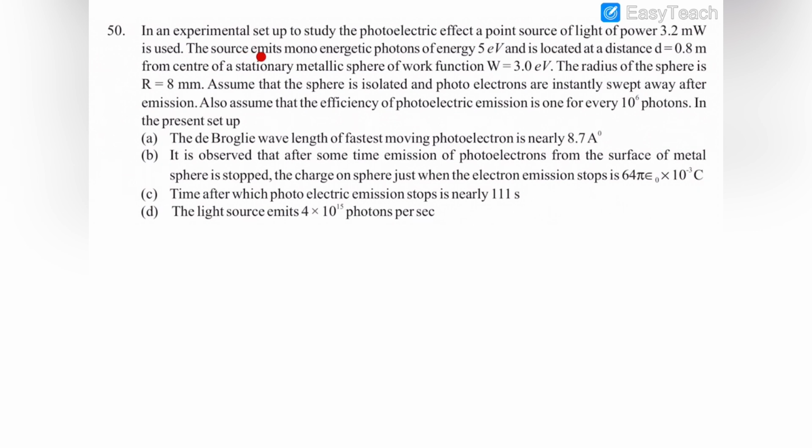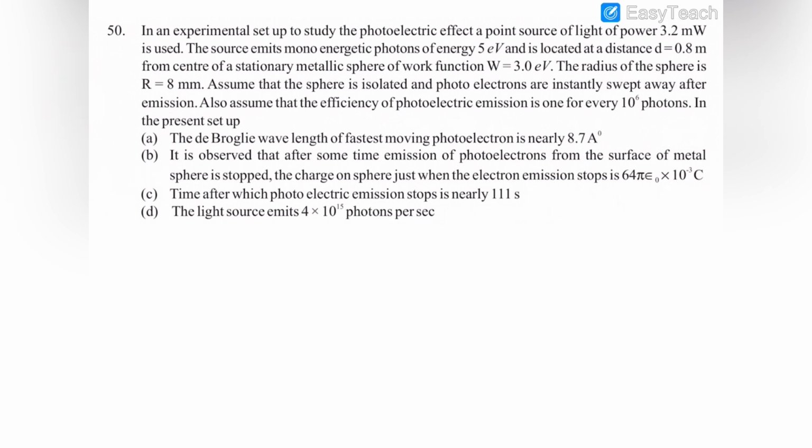This source emits monoenergetic photons of energy 5 eV, and it is located at a distance of 0.8 meters from the center of a stationary metallic sphere of work function 3 eV. The radius of the sphere is 8 mm, and we have to assume that the sphere is isolated and photoelectrons are instantaneously swept away from the sphere after emission.